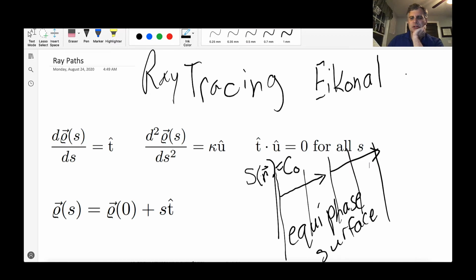And the key result from geometrical optics was the Iconal Equation, which said the gradient of that surface, basically the progression in space, magnitude is going to be equal to the index of refraction. And that was a high-frequency approximation to the Helmholtz wave equation.